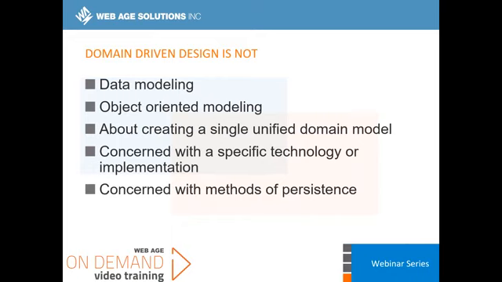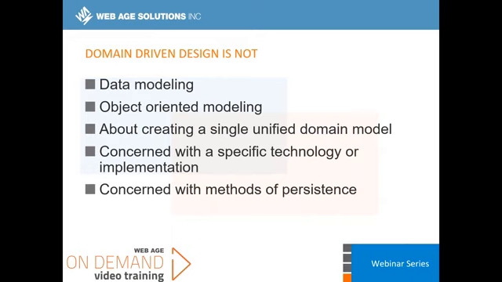So I want to mention a couple of things that domain-driven design is not. Okay, and there's a list here. It starts with it's not data modeling. Okay, it's not object-oriented modeling. It's not creating a single model for an entire enterprise or organization. It certainly has no dependencies or specifications related to technology or even implementation.